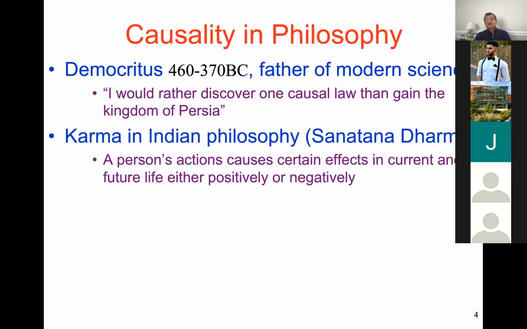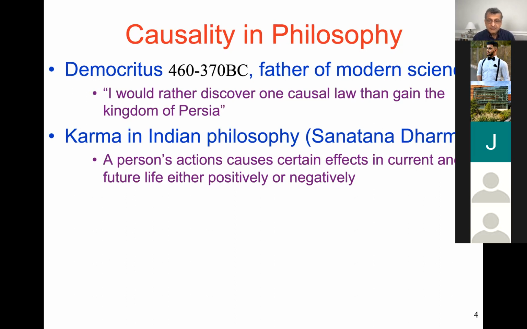Causality is an important topic in philosophy and science. Democritus, 460 to 370 BC, father of modern science, said, I'd rather discover one causal law than gain the kingdom of Persia. He wanted to understand the world, that A causes B, that gravity causes things to fall off the tree.